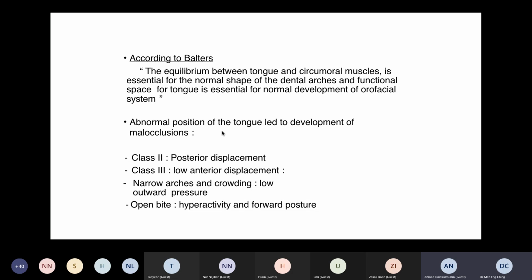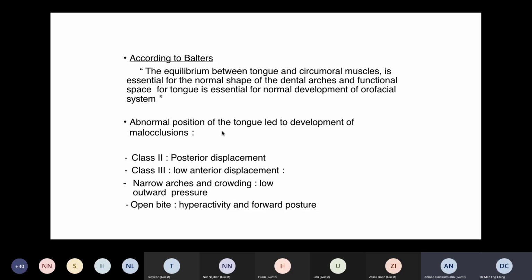Class 2 is posterior displacement, Class 3 is low anterior displacement. If the tongue is in posterior displacement, then maybe you have a Class 2 malocclusion. If the tongue is displaced low anterior, it means the tongue is a bit lower than the normal position, then we develop a Class 3.